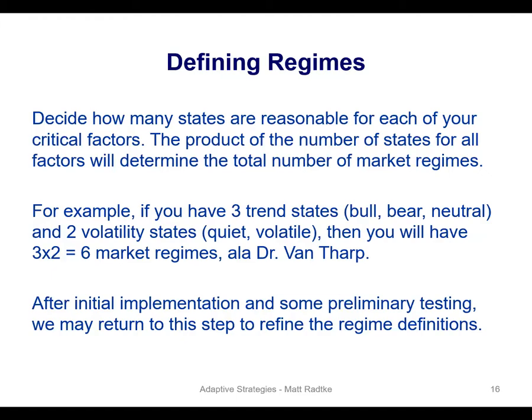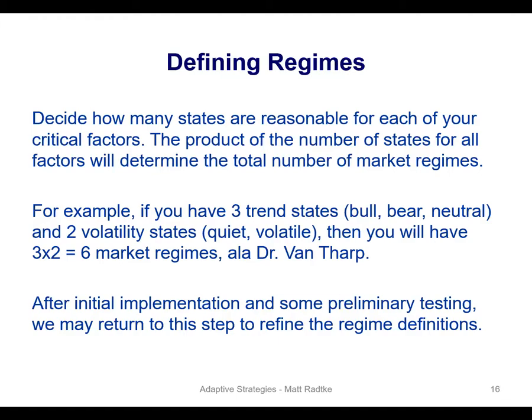I really think I need 3. Or, I don't think I really need 3 trend states. I think I just need 2 trend states. Or I think I just need to define volatility a different way. I've been looking at historical volatility, and maybe I should be looking at implied volatility as communicated by the VIX. There's all these different ways that you can go back and change your regime definition. So don't expect to get it necessarily perfect on the first try.